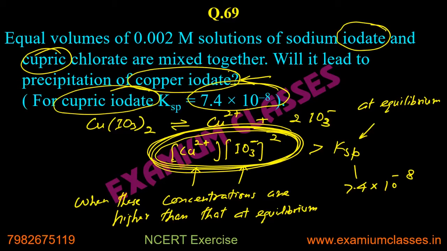If this value comes out to be greater than 7.4 into 10 power minus 8, we will say precipitation will take place.